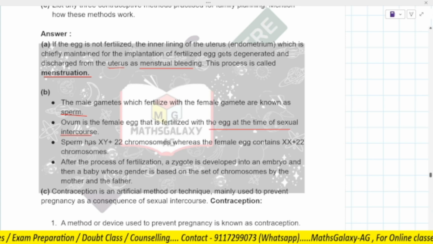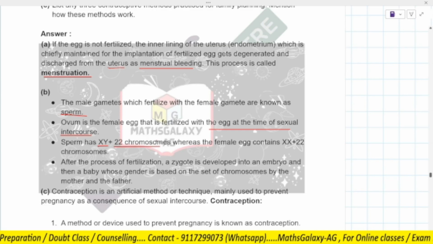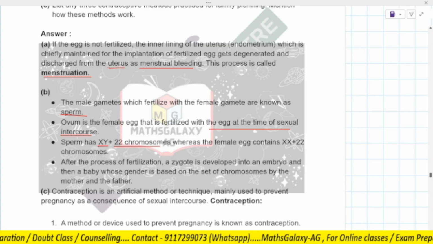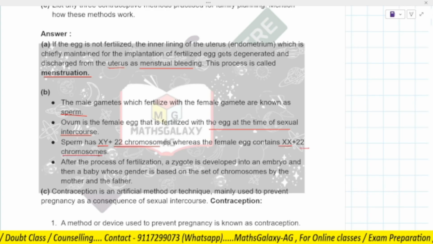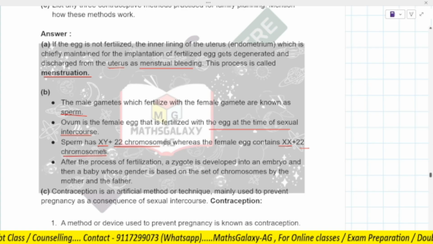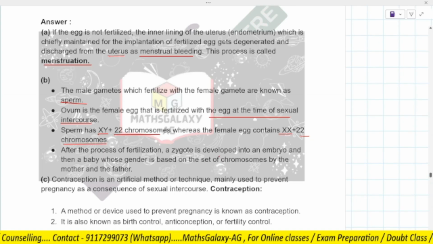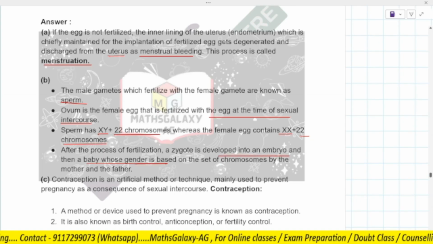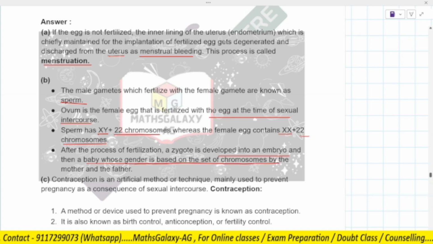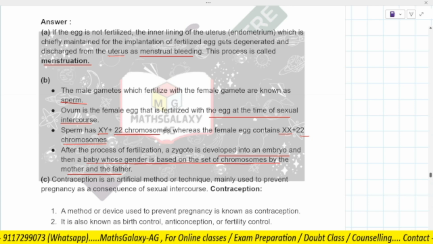Sperm has XY plus 22 chromosomes, whereas the female has XX plus 22 chromosomes. After the process of fertilization, the zygote develops into an embryo, and then a baby whose gender is based on the set of chromosomes from the mother and the father. Okay, is it clear?